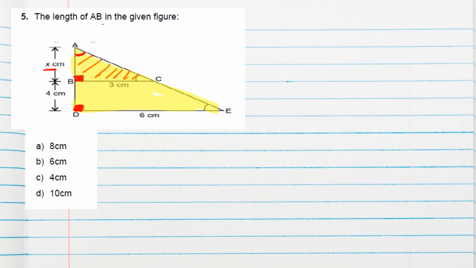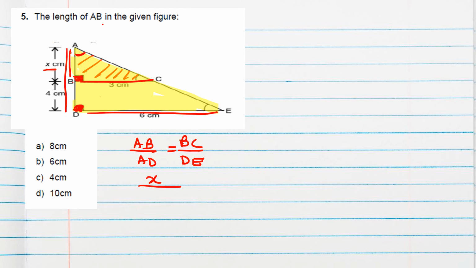That means their sides we can write in equal proportion. So AB by AD I can write, and then BC by DE I can write. AB length is X, but AD length is X plus 4, right? AD is the whole length, X plus 4.